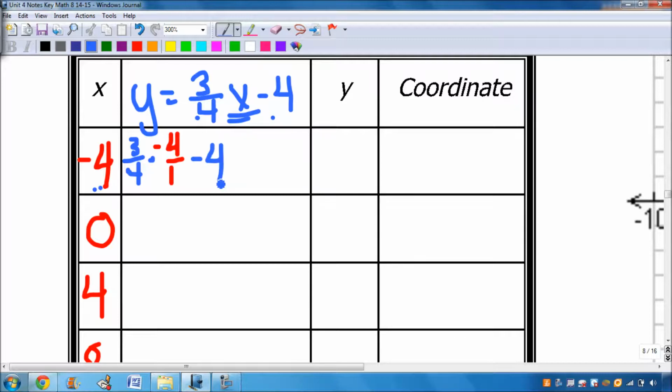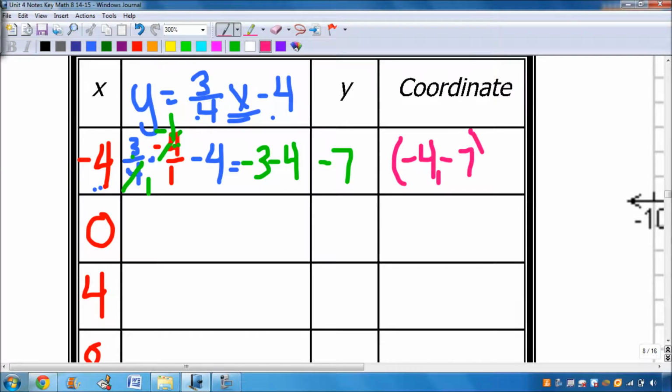Okay, so then I end up getting equals, well, this 4 right here and this -4 will cancel each other out. This will become a 1, this will become a -1, so I end up getting 3 times -1, which is -3. And then I just copied the rest down, which is -4, so I get -7. So that means that my coordinate here would have to be -4, -7.